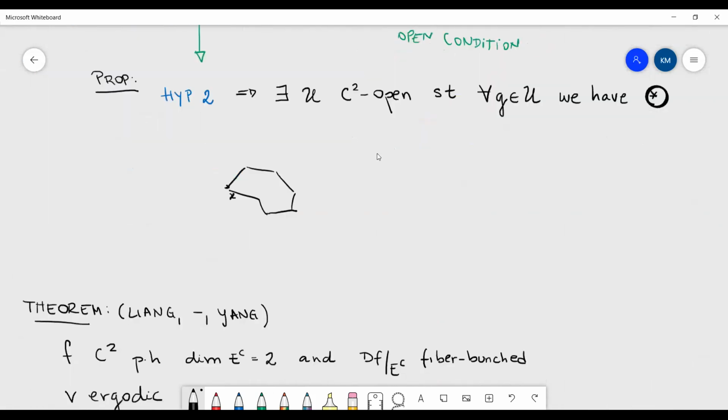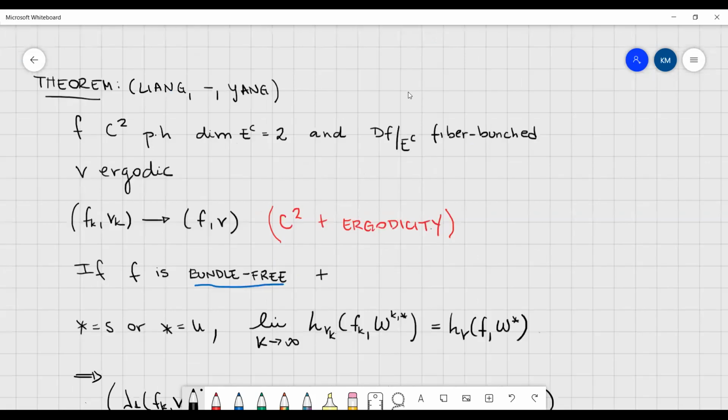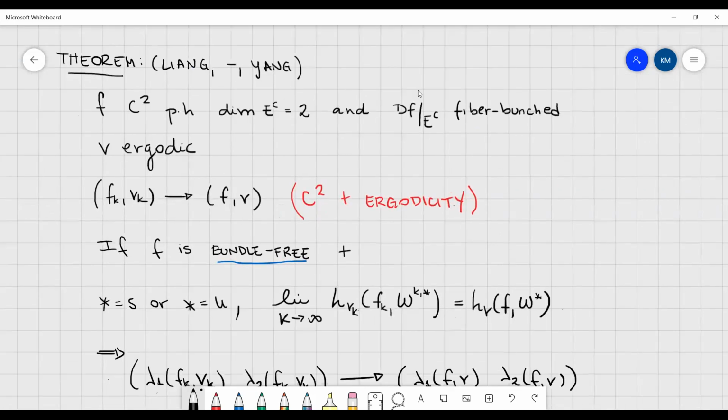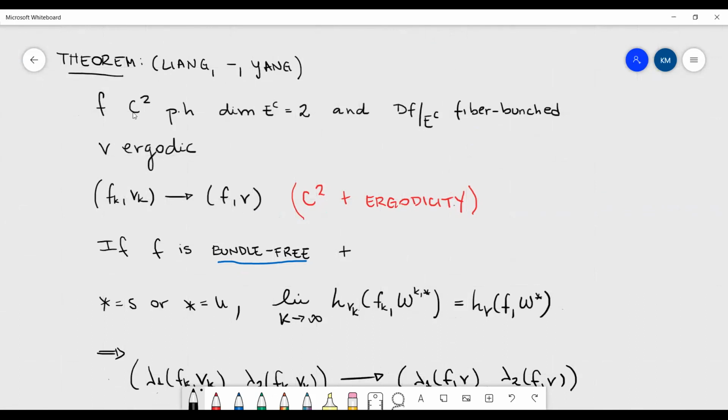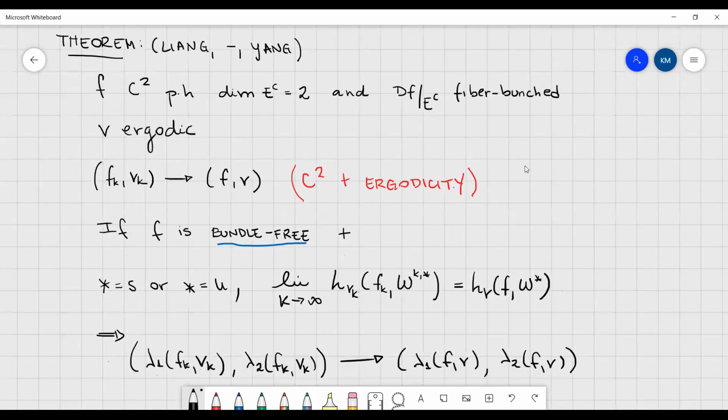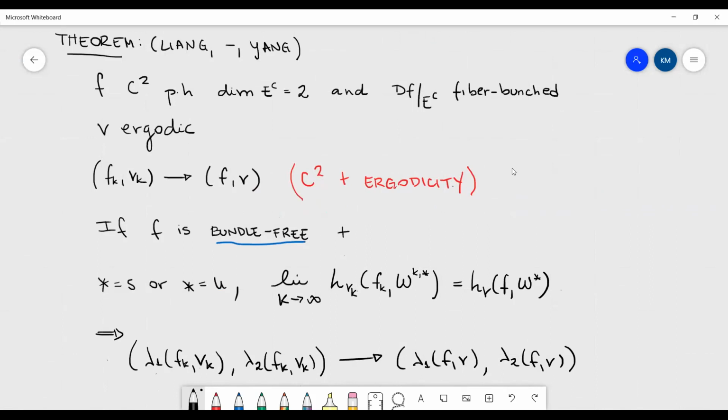So, can you give a precise, more detailed statement of your last theorem? Yes, this one. Okay, so here I'm still with a partially hyperbolic map in the C2 topology with two-dimensional center bundle, and I'm asking for this Fibonacci condition. But what is important here is that I'm not asking for accessibility, and I'm not asking for the measure to be Lebesgue.